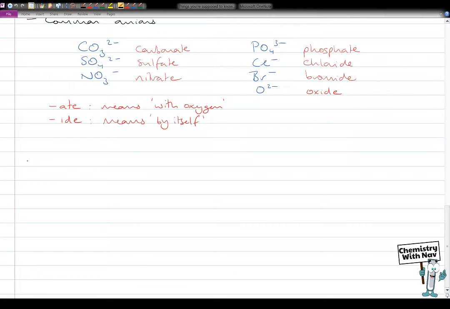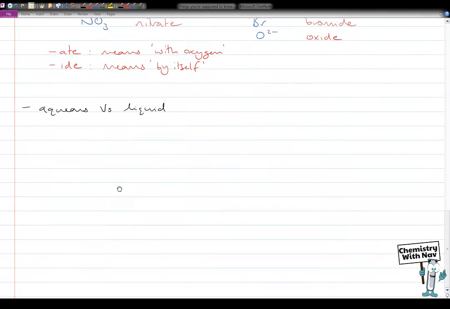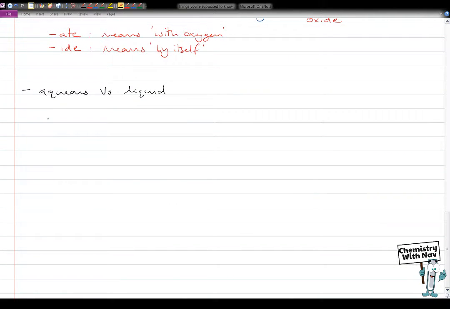The next small thing is the idea of aqueous versus liquid. Aqueous means dissolved in water. That means you have a mixture.